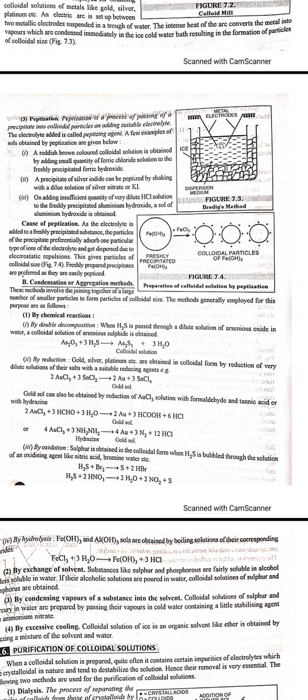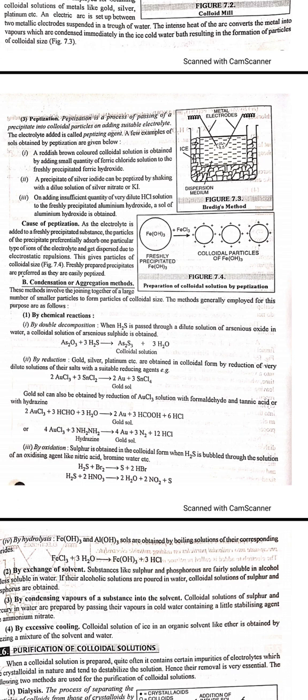As we can see here, As2O3, our arsenious oxide, when passed through H2S, 3H2S gives As2S3 plus 3H2O. As2S3 is our colloidal solution.